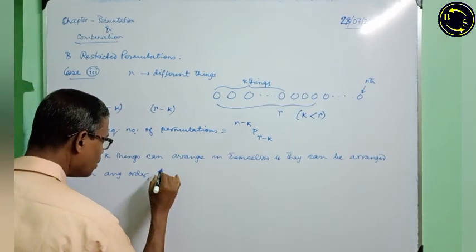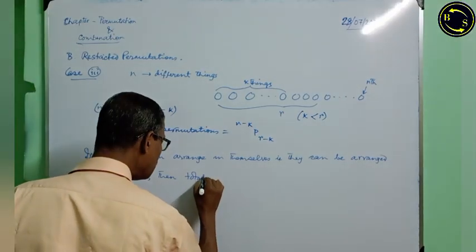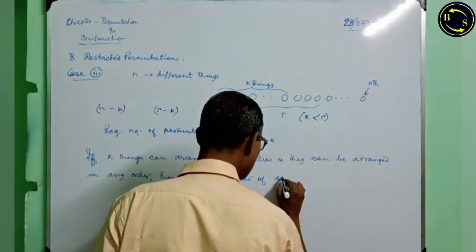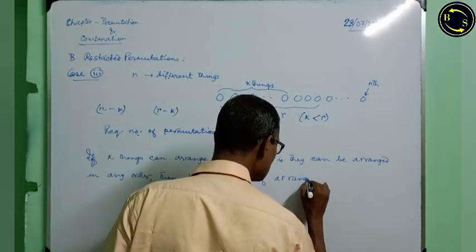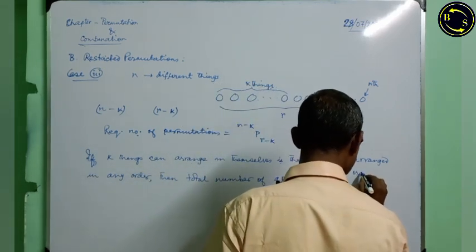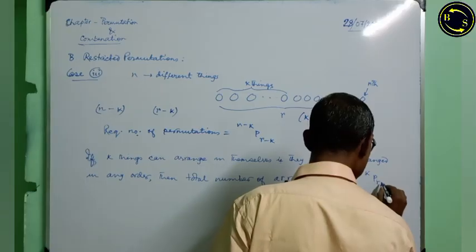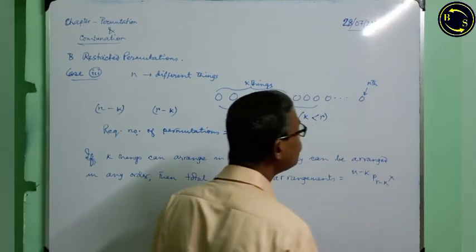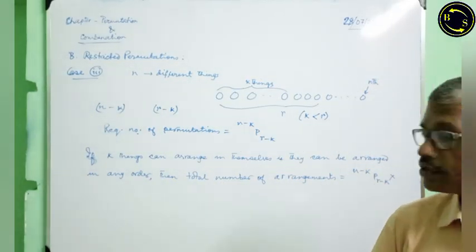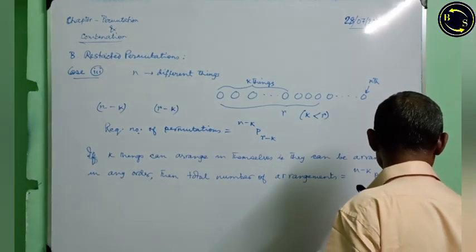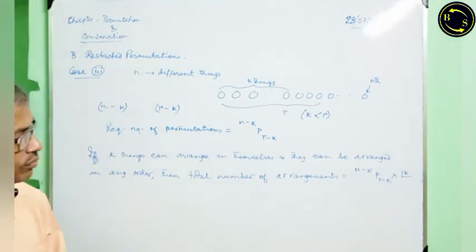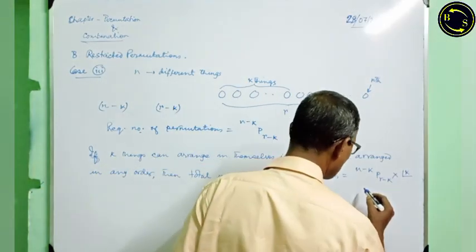Then the total number of arrangements will be n minus k P r minus k into k things which can permute in themselves in factorial k ways. Therefore, in that case, the total number of arrangements will be this one.